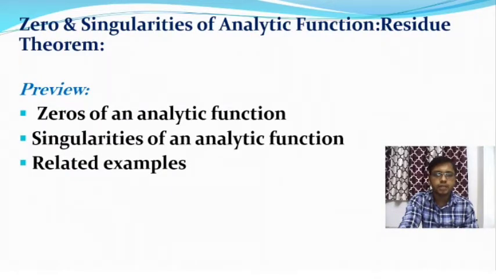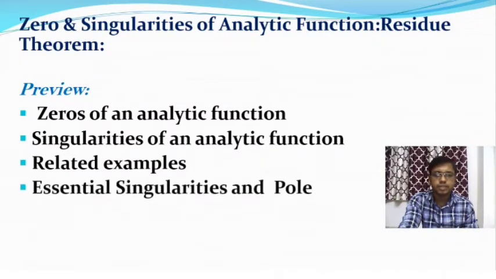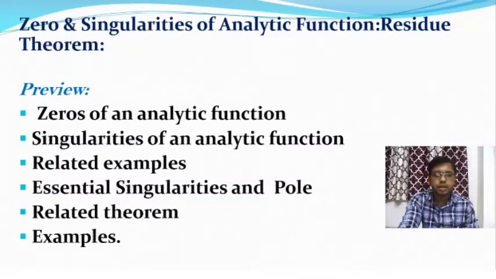Then we discussed essential singularities and poles, and how to find the singularities and poles from the Laurent series expansion, with some related theorems and examples on essential singularities and poles. Let us move on to the next slide.